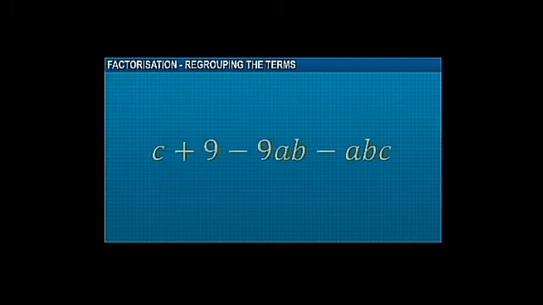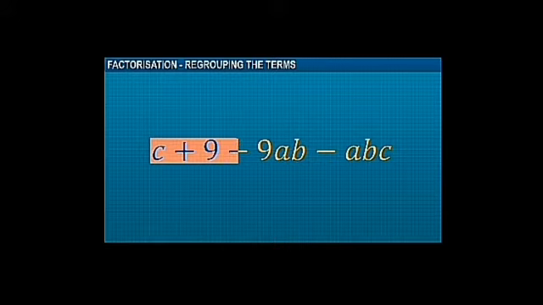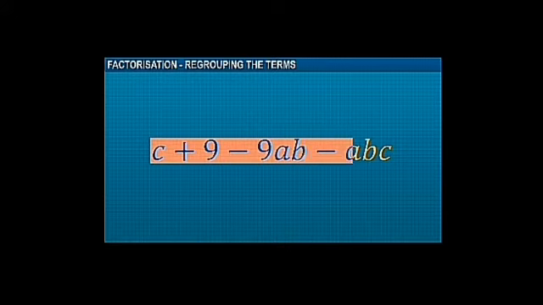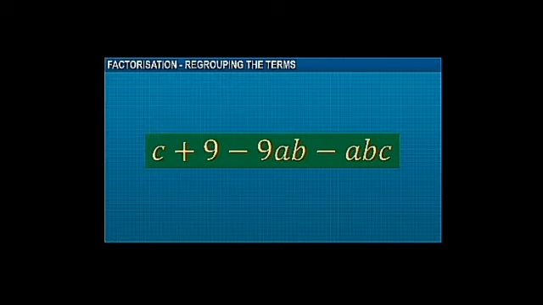Let us take the second one, c plus 9 minus 9ab minus abc. This is the second algebraic expression. Let us find the factorization by regrouping the terms.